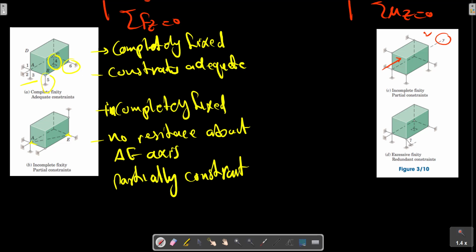So here is also a case of incomplete fixity with partial constraint.